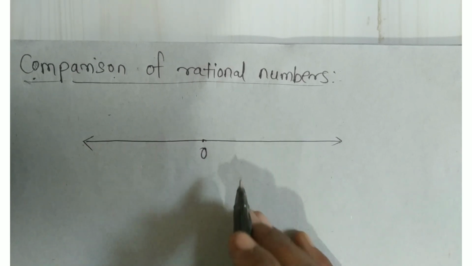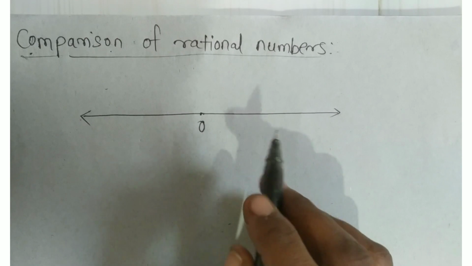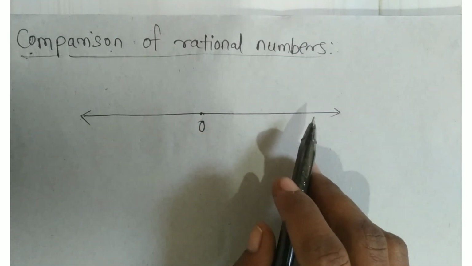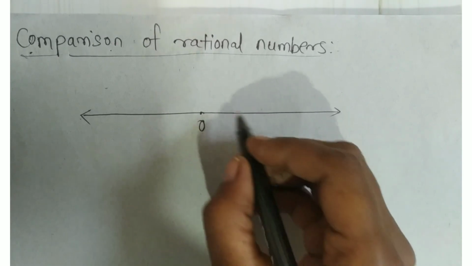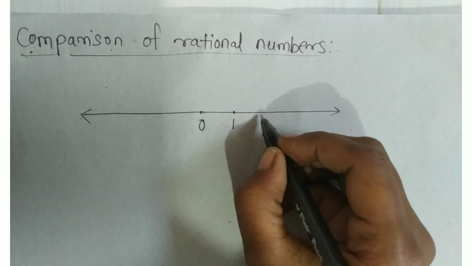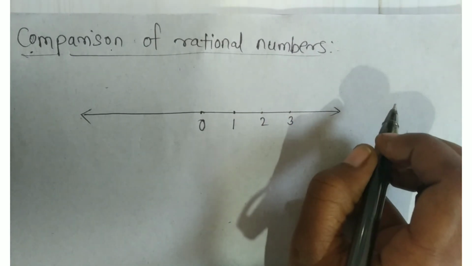Then on the right side of 0, at a fixed distance, we will locate positive numbers such as 1, 2, 3 and so on.